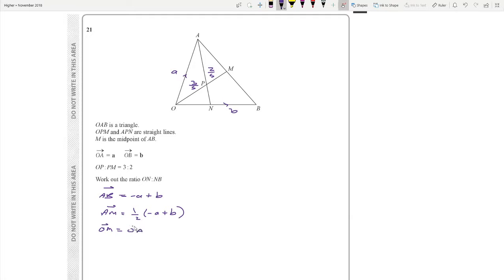And in the exam, it's very useful to do this: always write down exactly which vectors you're working out. OA add AM. So OA is going to be positive A, add AM, which was a half of minus A plus B. Simplify that.